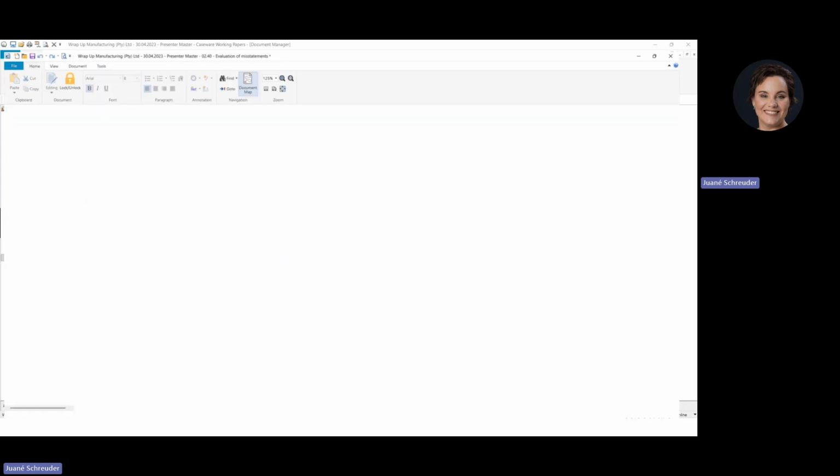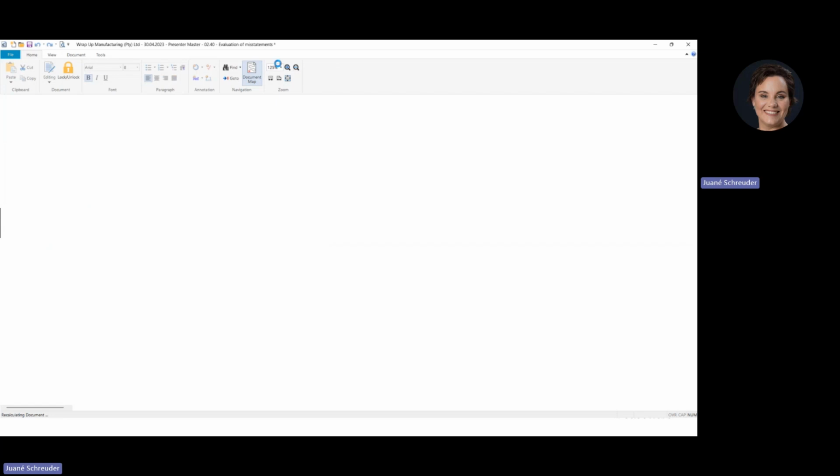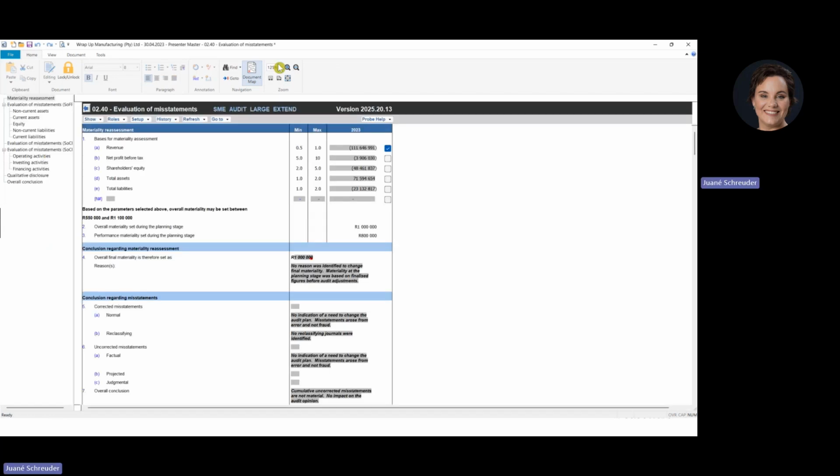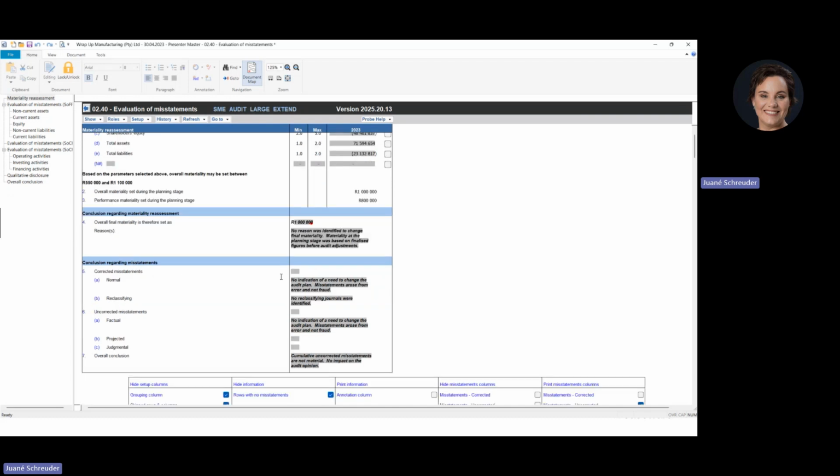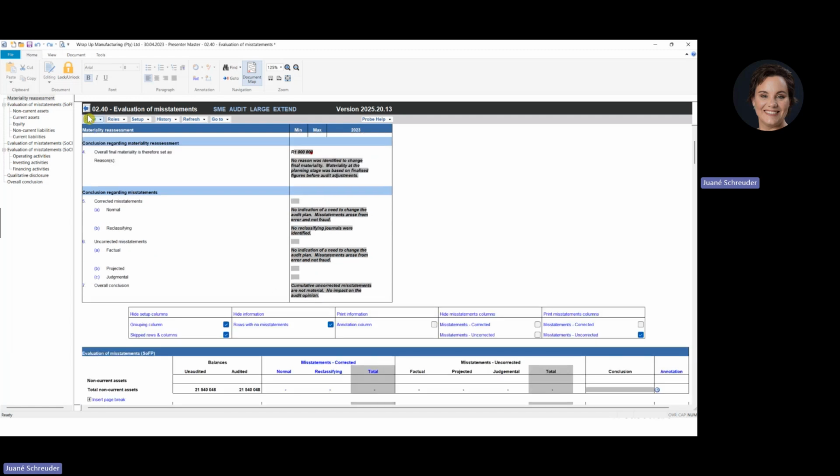Let me just quickly, it is opening up. Right. So this document specifically has the materiality reassessment there. That was the normal finalization things we did. We confirmed the final materiality, and then we had to conclude about the corrected and the uncorrected misstatements, and we had some comments there.